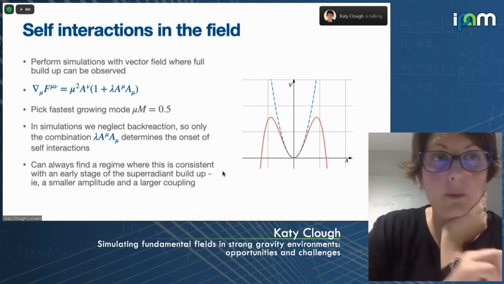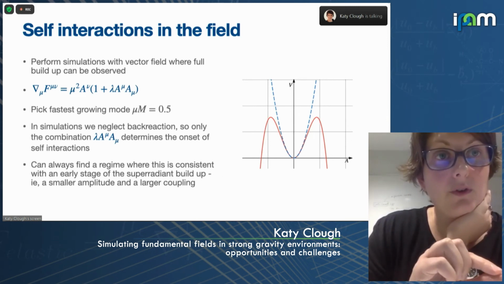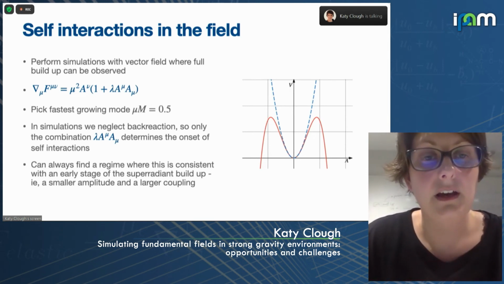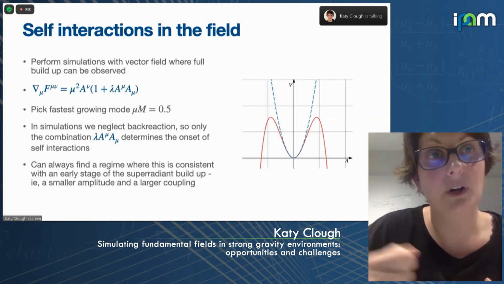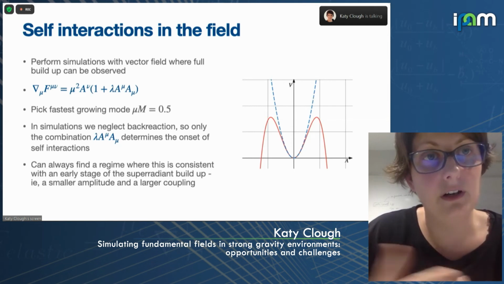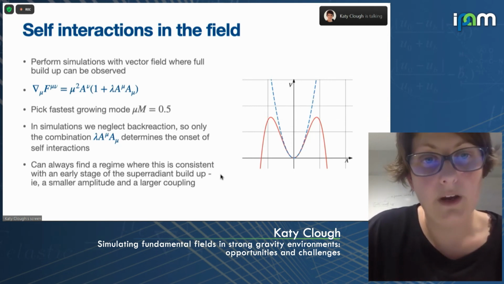We can always say, okay, we're at an earlier part of the buildup where the amplitude is smaller and we still haven't extracted all of the rotational energy from the black hole. But in that case, we need to make the coupling much larger. And of course, in some regimes, that might be unphysical, to have such a large coupling. But in principle, you can always find a regime where that's true.